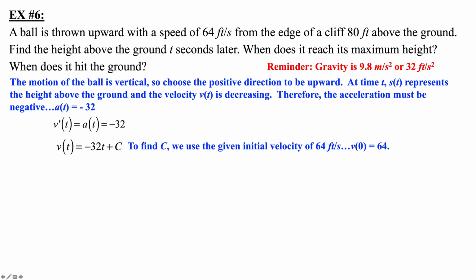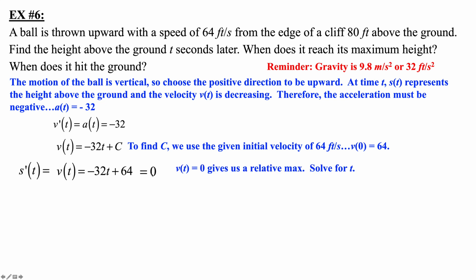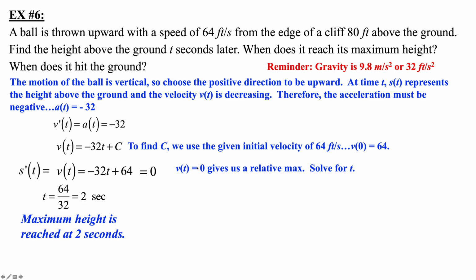So let's set this equal to 0 and solve it. So 32 minus 32t, add that over here, divide it over, 64 over 32 is going to give me 2 seconds. So I'm going to reach the maximum height at 2 seconds. If I actually wanted to find out what that is, I'd have to go find the position function, plug in a 2, and I'll tell you what the maximum height is.